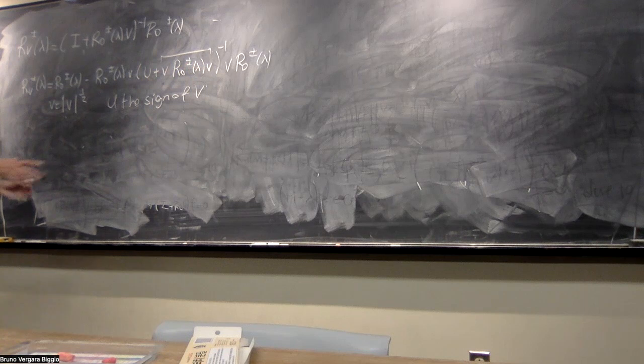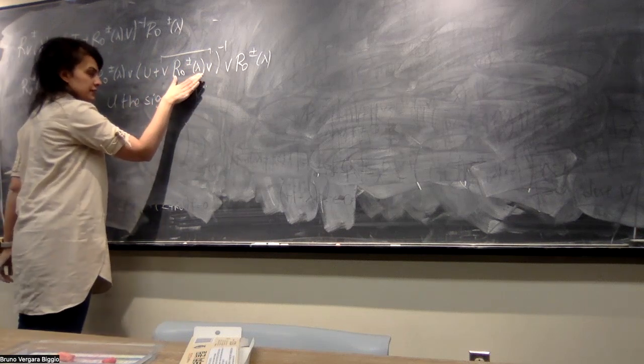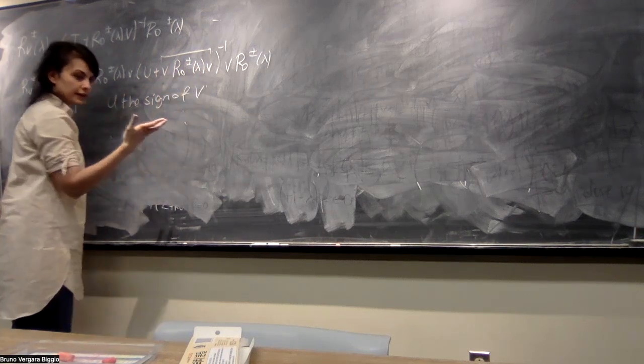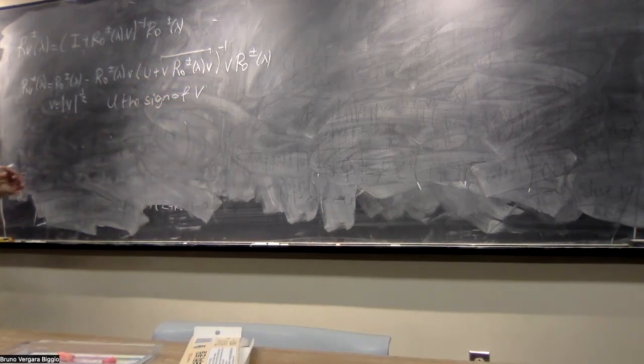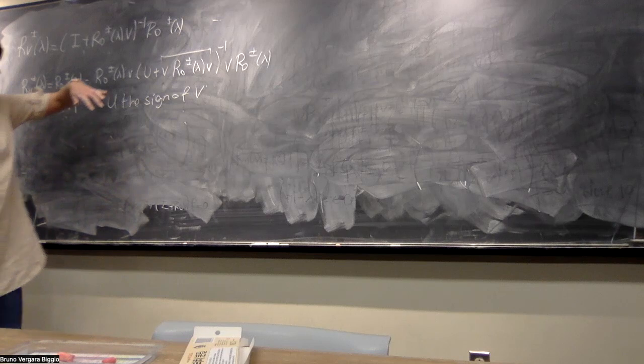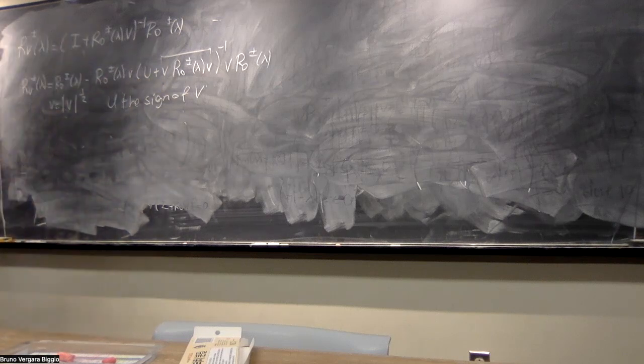So what I need is all the expansions of this R0 lambda in terms of Bessel functions. First I need to understand how they look, and then I'm going to take my lambda to 0 to understand how these thresholds are going to come over there.